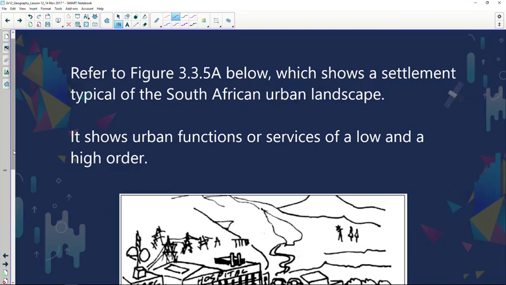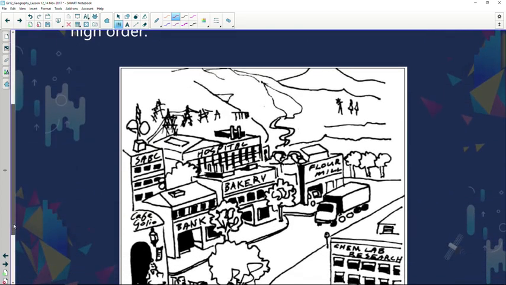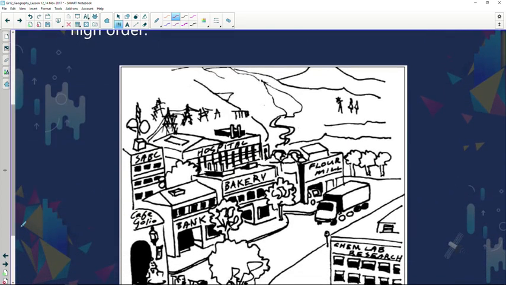Now, if you look at this diagram, refer to figure 3.3.5a below, which shows a settlement typical of the South African urban landscape. It shows urban functions or services of a low and higher order. Very importantly, when we looked at urban settlements, we looked at high order services and low order services. Low order services are services that you require on a daily basis.